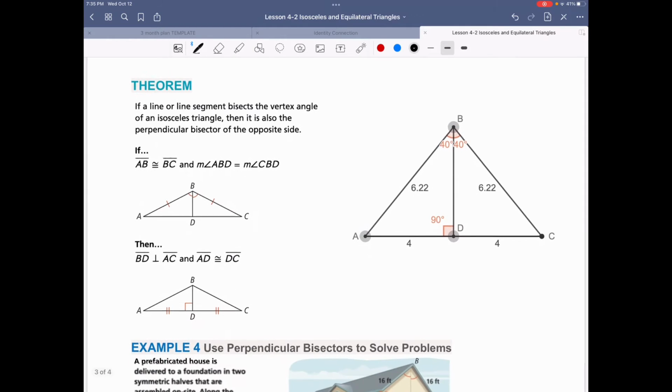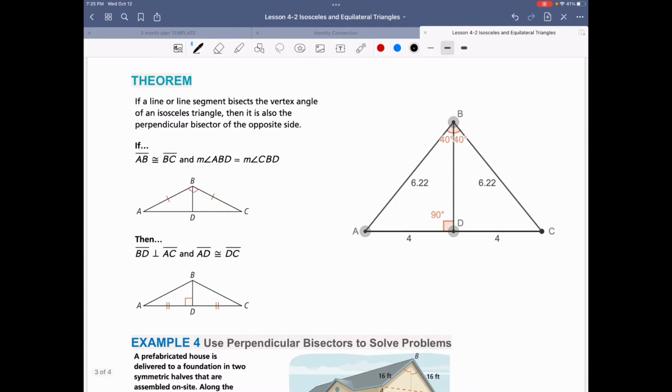We have another theorem. So go ahead and asterisk that, and if you have a highlighter, highlight it. If a line or line segment bisects, that means cut in half, the vertex angle of an isosceles triangle, then it is also the perpendicular bisector of the opposite side.